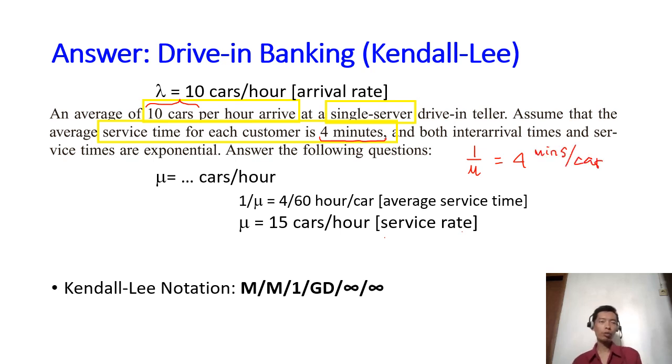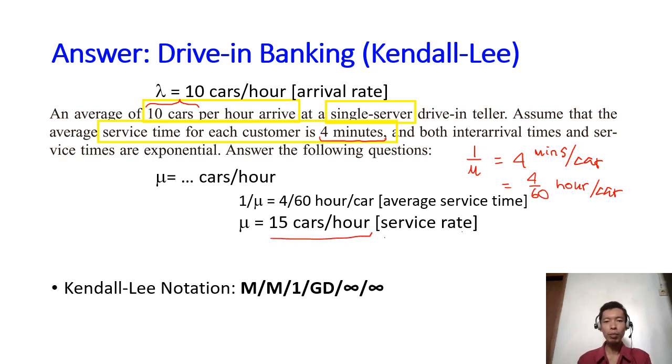But first we would like to change the unit into hours. So this is equal to 4 over 60 hour per car, and that is 1 over mu. And then we just flip it to become mu. So it becomes 60 over 4, and it equals 15 cars per hour.